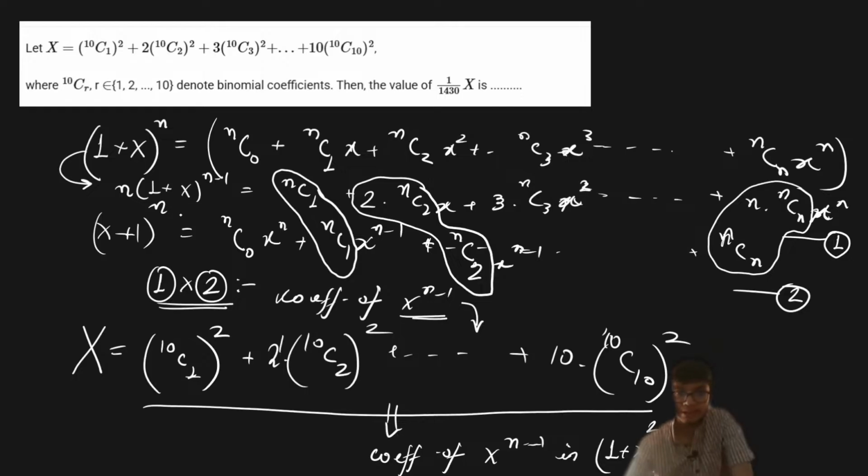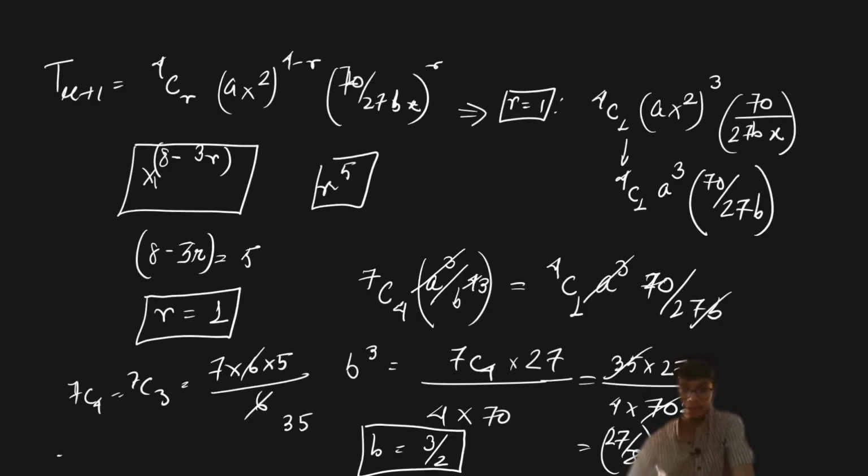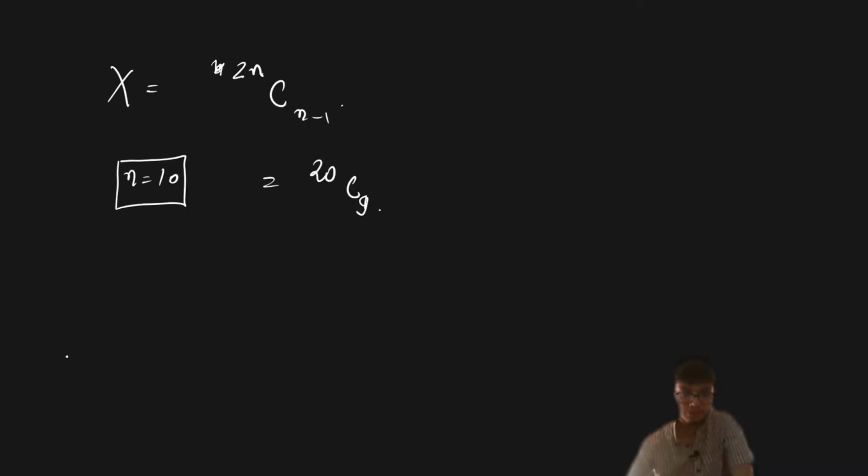One more mistake I have made is that when I do the multiplication, it is not 2^n, it should be 2^(n-1), and multiplied with n also will be there. So that's a mistake, please correct. Therefore this capital X is not going to be equal to this.